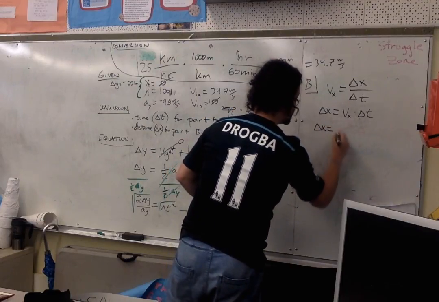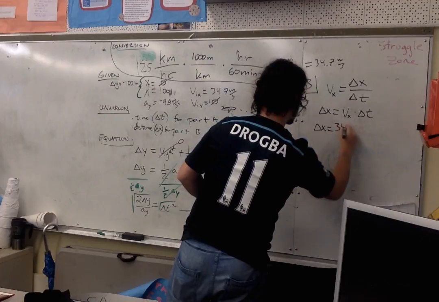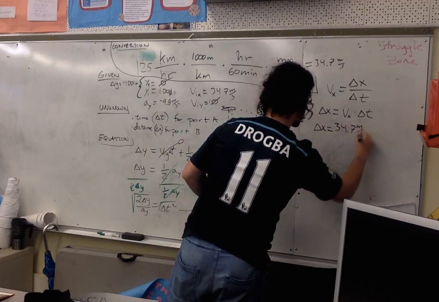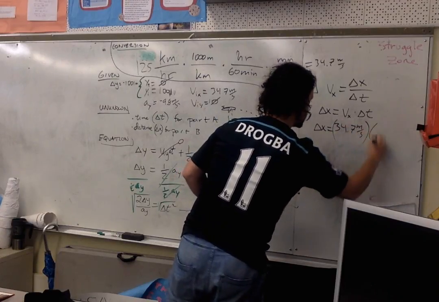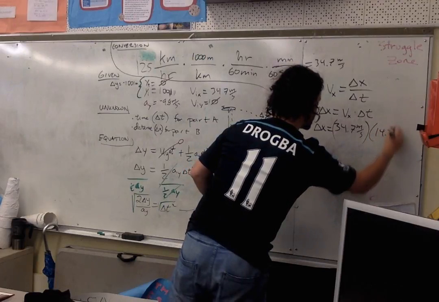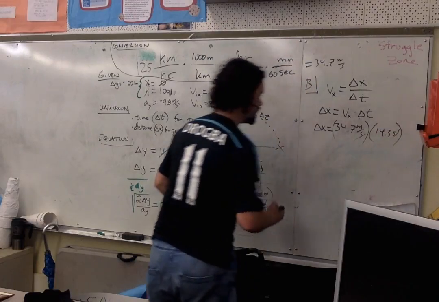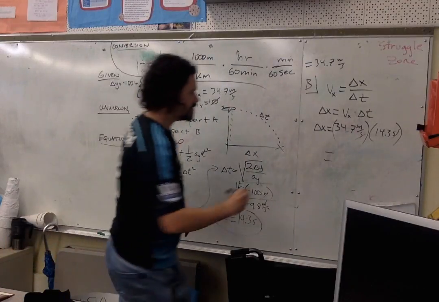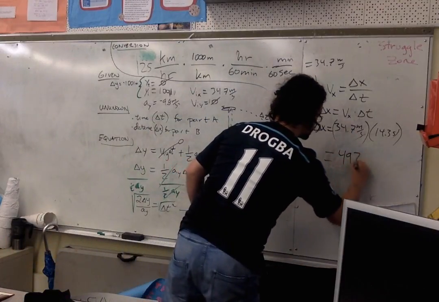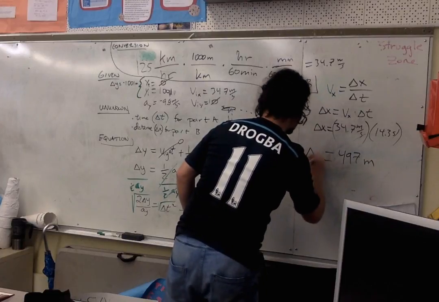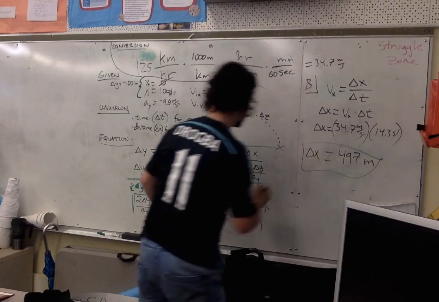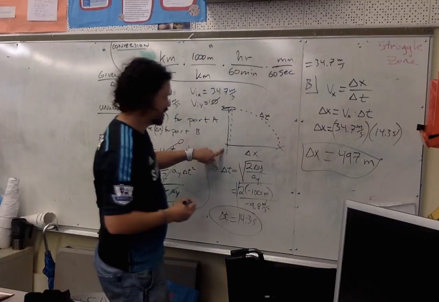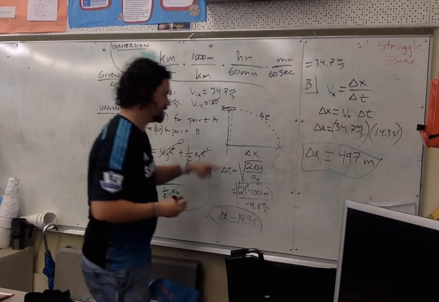Delta x equals 34.7 meters per second times 14.3 seconds. The seconds cancel out, and you end up with a number 497 meters.